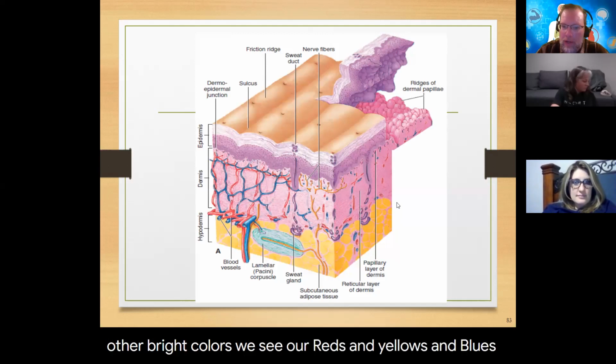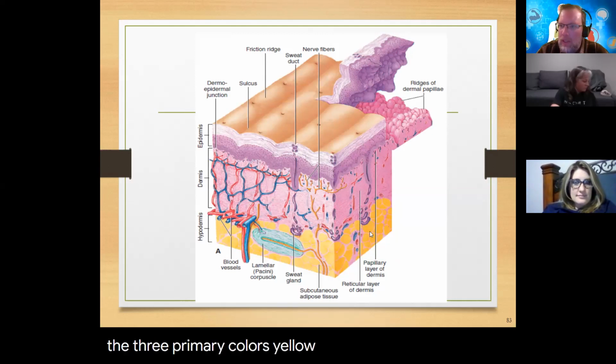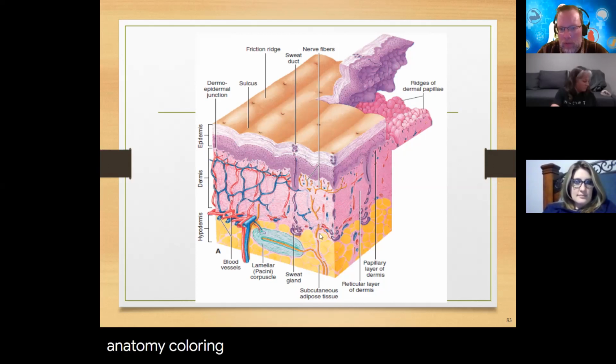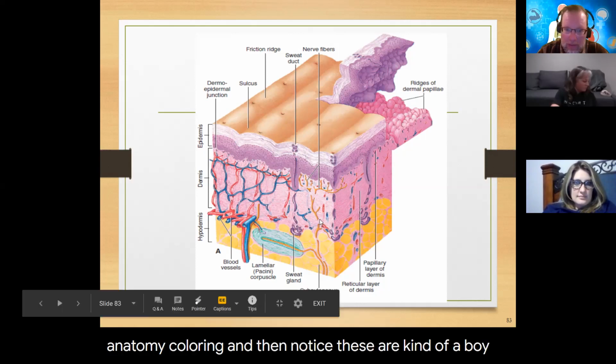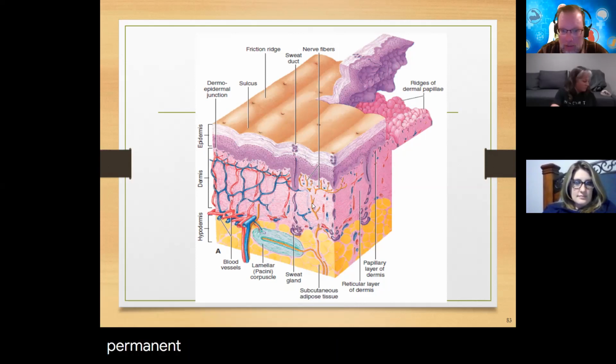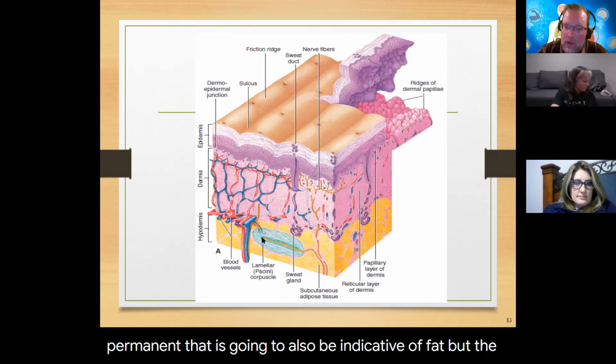The three primary colors. Yellow implies we're dealing with lipids or fats. Fat is almost always indicated with yellow in anatomy coloring. And these are more of a brownish, yellowish color. That is also indicative of fat, but specifically, these are nerves.